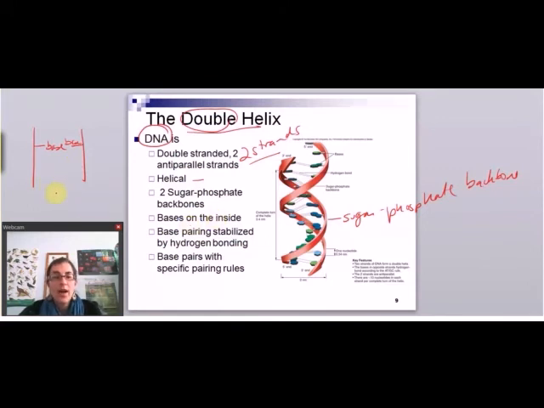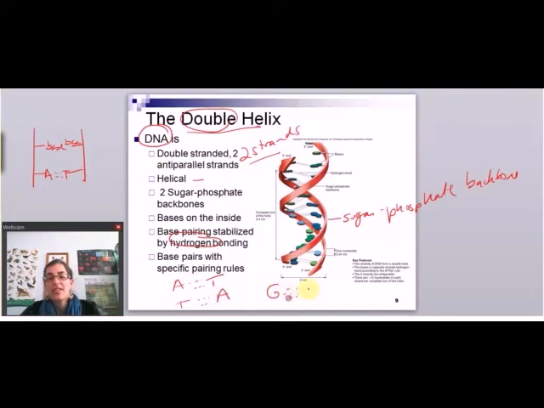The reason why it's going to be stable like this is that the bases are going to bond to each other on the inside. So if this is an A and this is a T base, they will form hydrogen bonds. So hydrogen bonding is going to hold these together. There's very specific rules. An A hydrogen bonds to a T, or a T to an A.